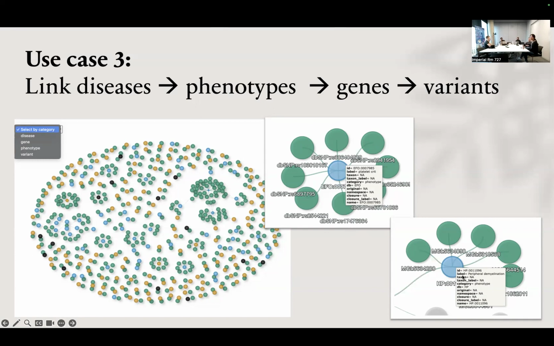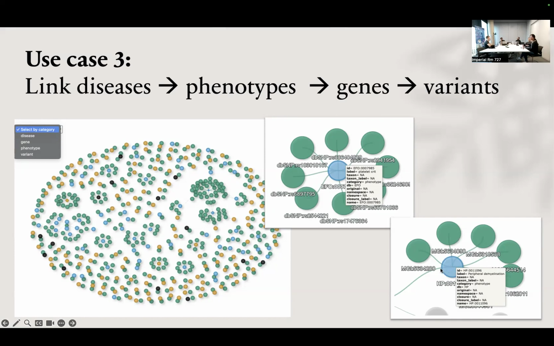But then also, interestingly, you do have connections here between the human phenotype ontology term and different variants, but these variants are actually in mice.